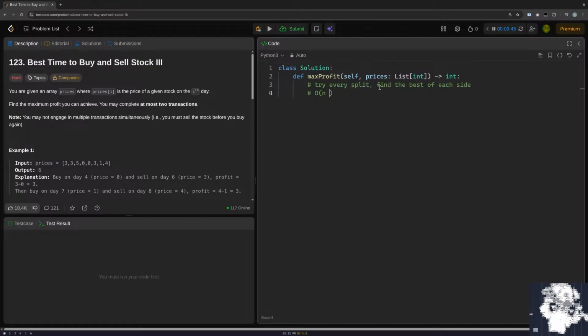So yeah, this would make it n squared. I just have the feeling you can do better than n squared. I think you should be able to go through the list once and find the best answer.